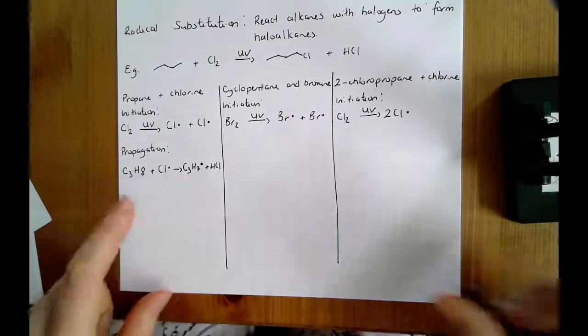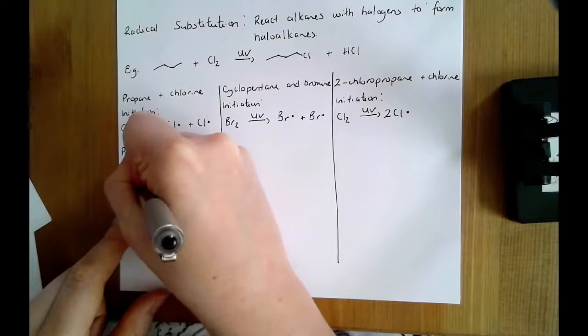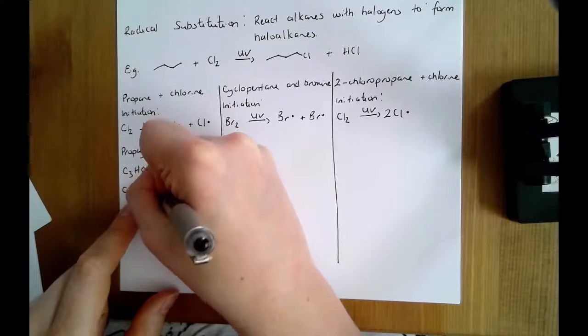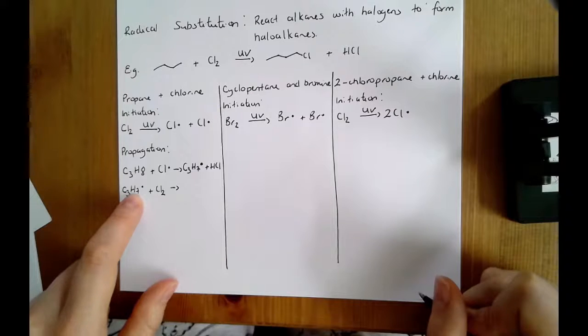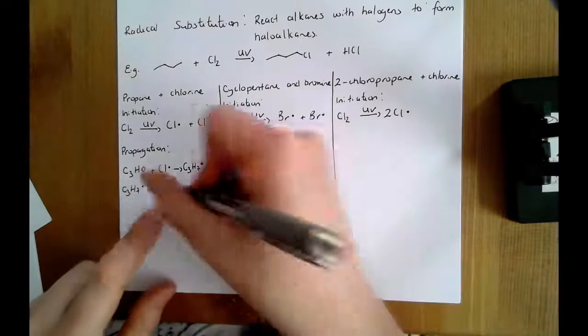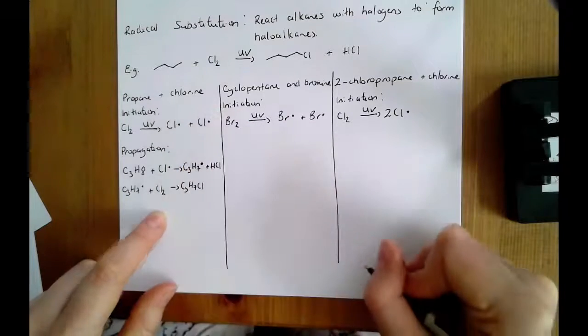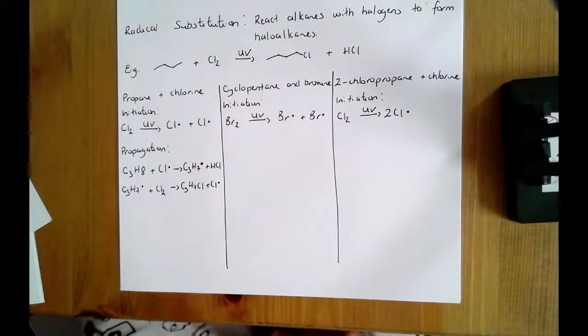I then take my C3H7 radical and I react it with a molecule of Cl2. When I do that, the C3H7 radical pulls the chlorine off Cl2, giving me C3H7Cl. And I form a Cl radical.